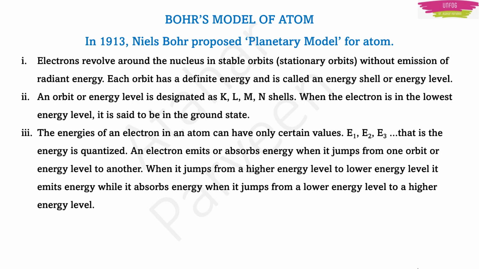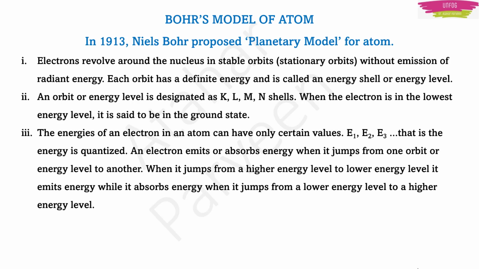And an electron emits or absorbs energy when it jumps from one orbit to another one, meaning from one energy level to another one. When it jumps from a higher level to a lower level, it will emit energy, and when it jumps from a lower level to a higher level, it will absorb energy. I will show this diagram and explain it to you.